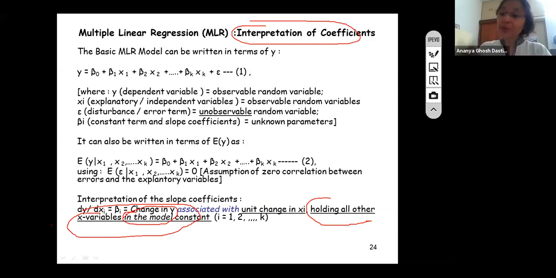You're only holding constant those variables which you are putting in the model. Holding those constant, what is the effect of x on y is what is being captured by the estimated coefficients. Bas. I will end this session here, and now I will take questions.